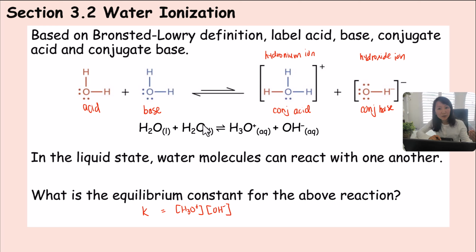If it's in liquid form, then we don't put it in the equilibrium constant. So the equilibrium constant for this water ionization reaction is just this. In fact, we put a little w next to the K to let you know that this equilibrium constant refers specifically to water, so Kw, for water.